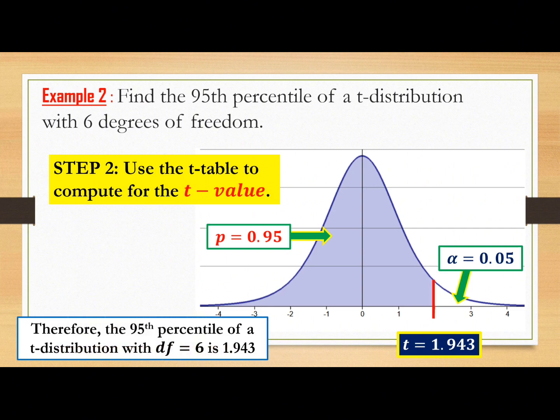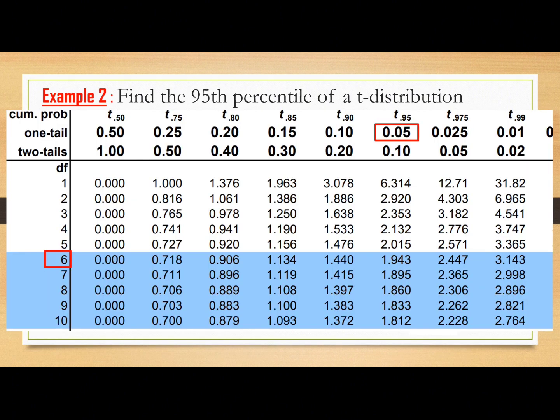So, the t-value we got is 1.943. We illustrate the t-value on our curve. Therefore, the 95th percentile of a t-distribution with degrees of freedom of 6 is 1.943. Easy, right? This is very basic.